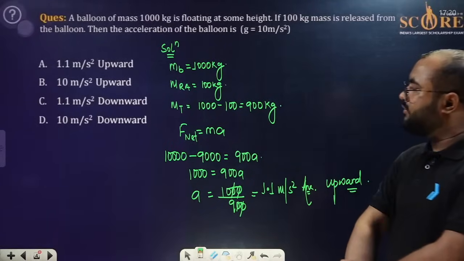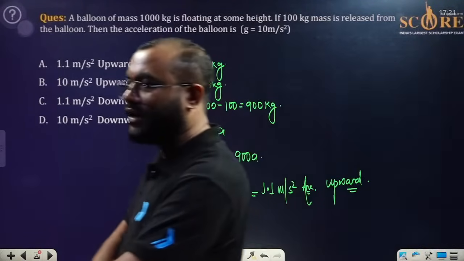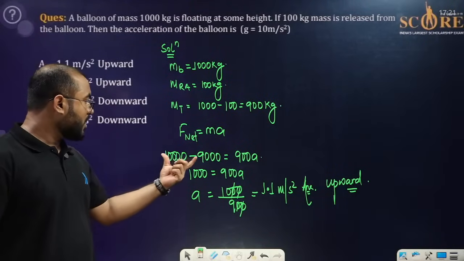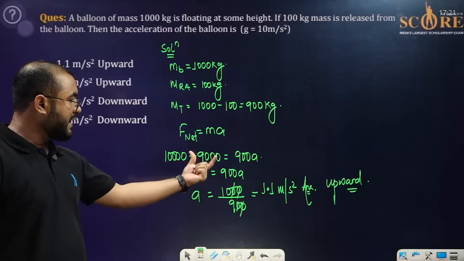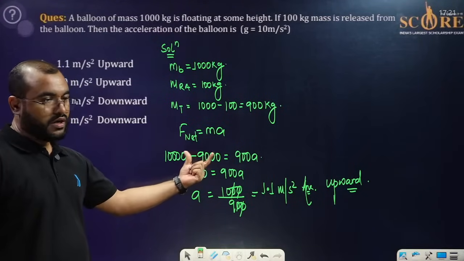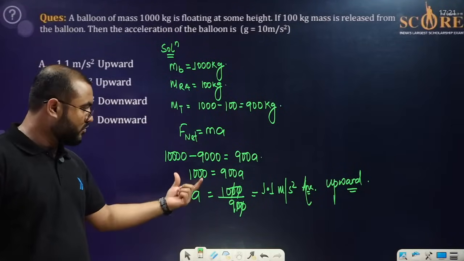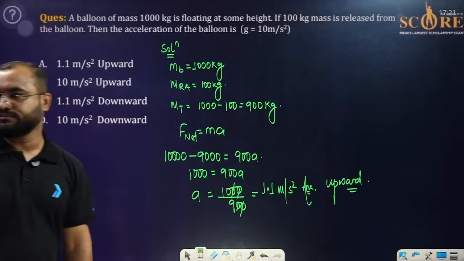So from the second law, we know F net is equal to mass times acceleration, people. The balloon is floating, so the upward force of the balloon will be 1000. Very good. So when we talk about the actual weight that is forcing downwards, that is 1000 minus 900. And if you solve this, you will be getting 1.1.